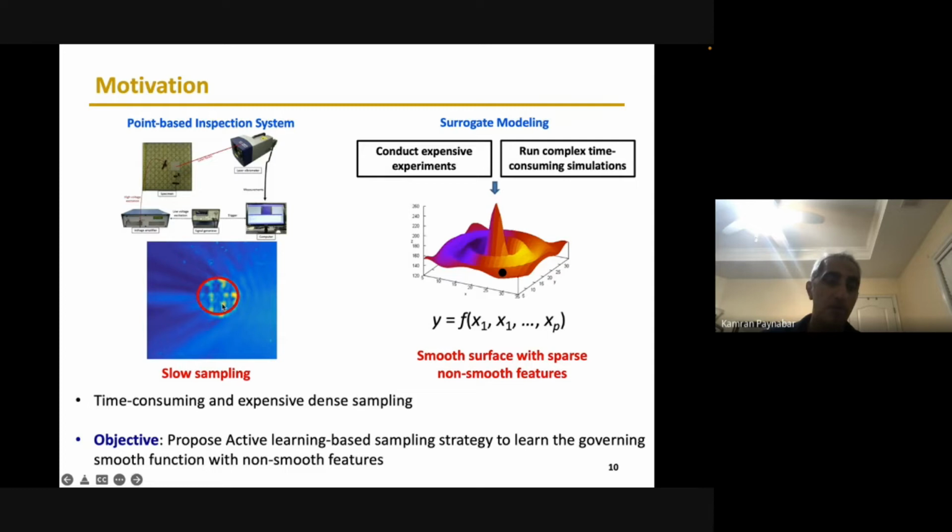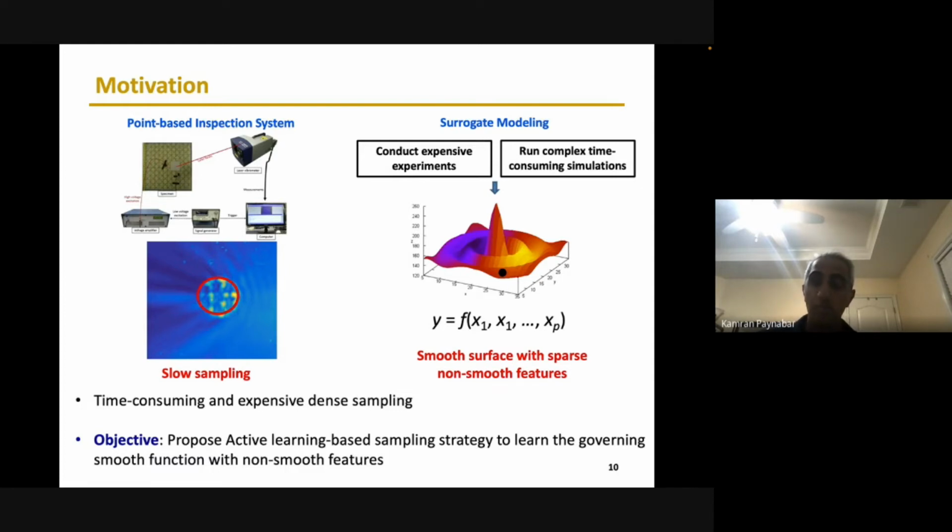But what was the problem with this approach? This is a point-based inspection. He can inspect each part locally, and then he has to move on to the next location, and the next location, and the next location. So it's point-based, and every time you spend some time to collect data.